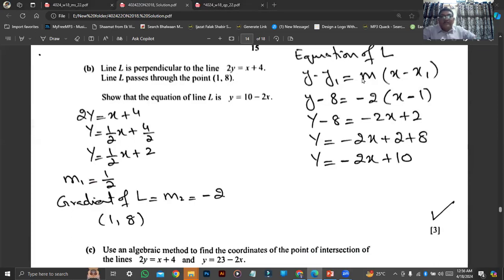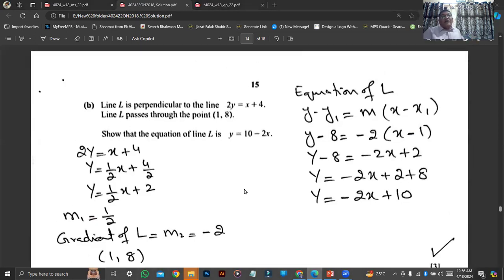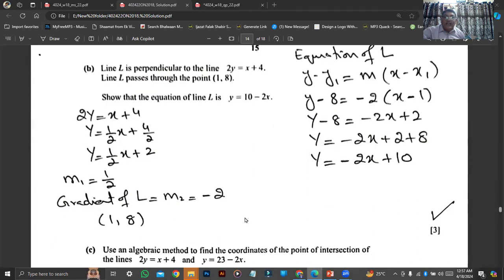The equation of that line will be y minus y1 equals m bracket x minus x1. m is minus 2. The x1, I'm using this point, is 1, and y1 is 8. Just substitute those values here. So you will have y minus 8 equals minus 2 bracket x minus 1.